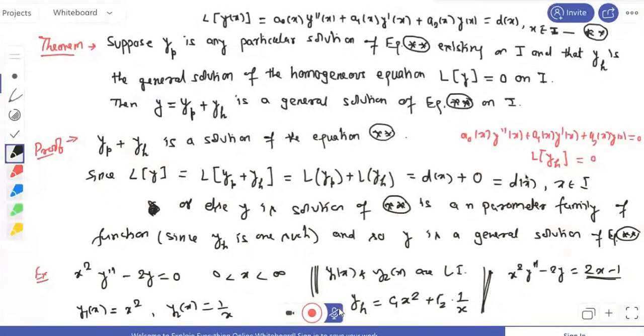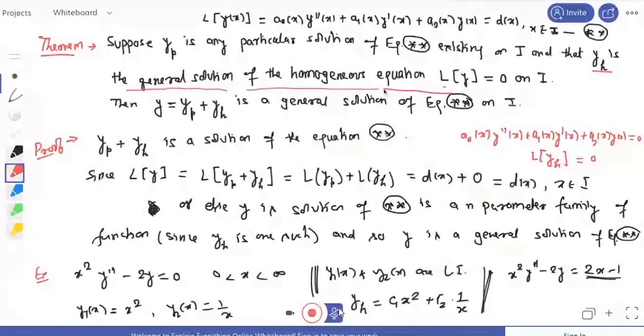This 0, this L of yh equals 0, because you know that yh is our solution, the solution of the homogeneous equation. This is the general solution of the homogeneous equation. So when will the equation be homogeneous?